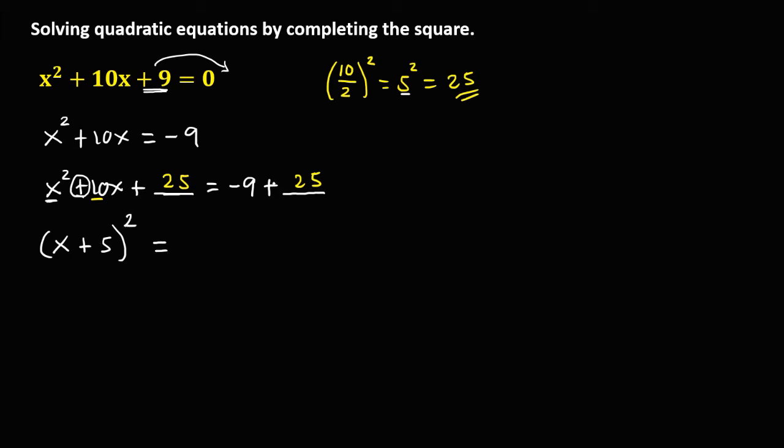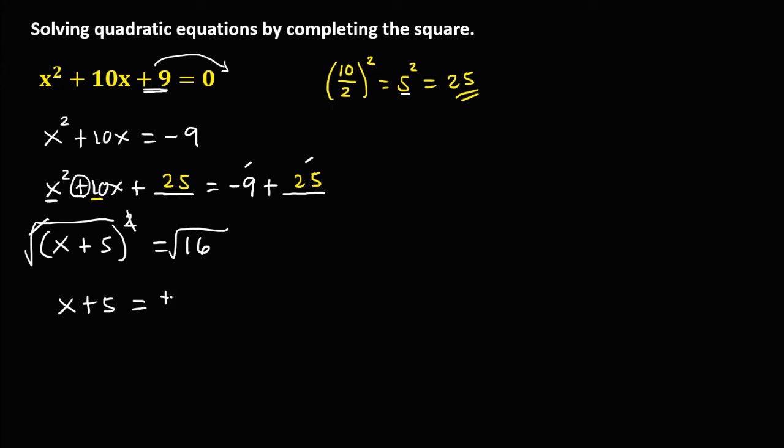On the right side, negative 9 plus 25 is positive 16. Then to solve for x, we need to take the square root of both sides. So cancel. We have now x plus 5 equals square root of 16.